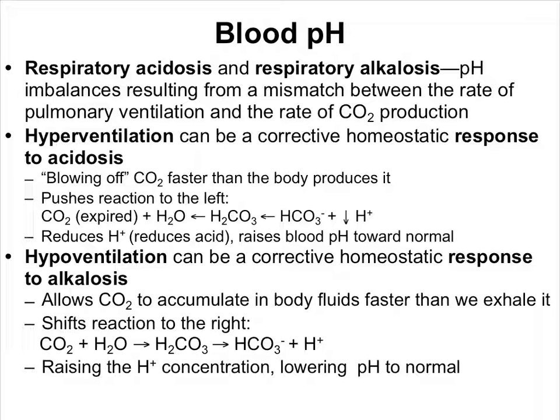But again, there are other forms of acidosis. Most forms of alkalosis are respiratory alkalosis. Your body doesn't make too many alkali things, and if you have respiratory alkalosis, this usually results from hyperventilation. Hyperventilation can be good.